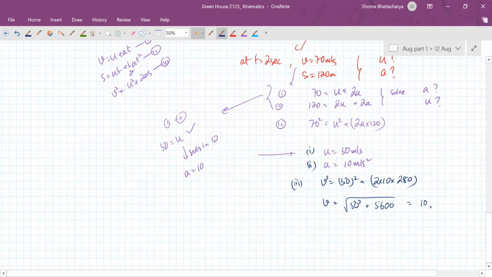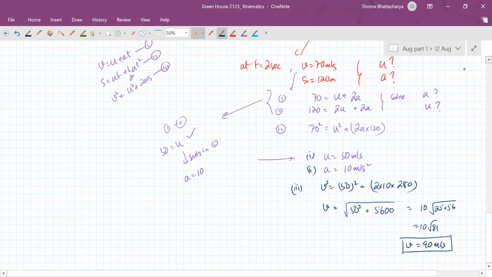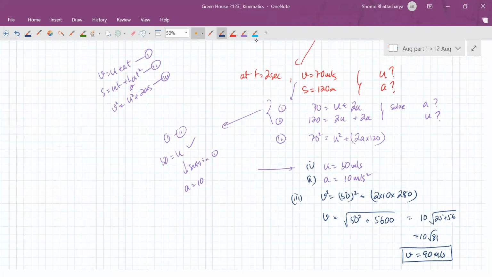You can take 25 plus 56, it's 10 root 81. So it is 90. This is how you can do the third part in one equation. Otherwise, you can also use equations 1 and 2, but this will be more efficient.